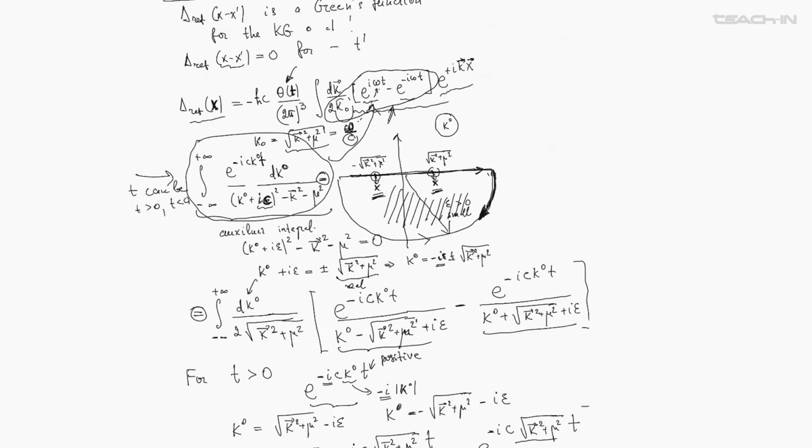But now this theta function, in fact, is included. Its property to vanish when t is less than 0 is taken by this auxiliary integral, which we have computed.